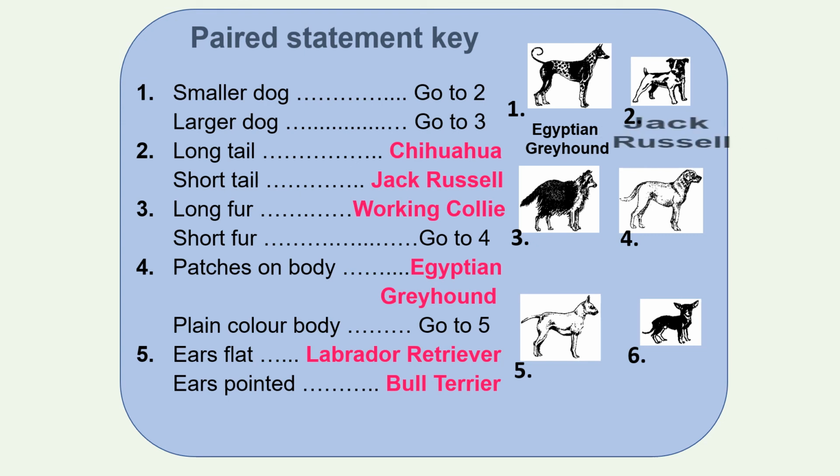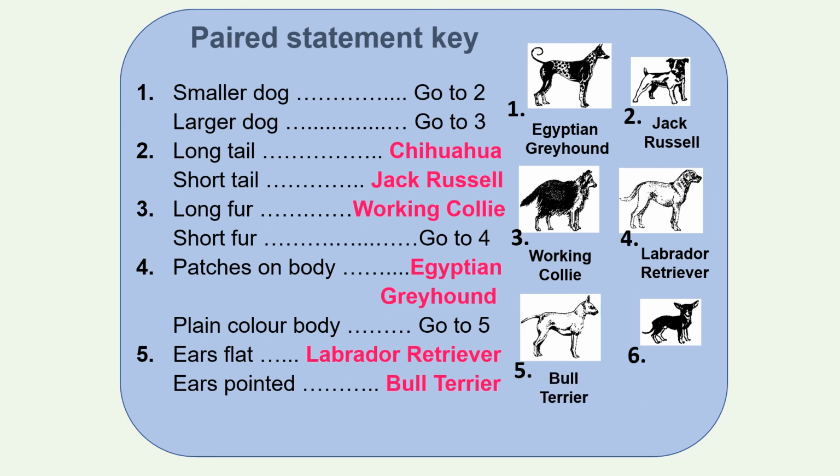For the next one, it is a Jack Russell, because it's got a short tail and it's a smaller dog. The next one's a Working Collie, because it's got long fur and it's a larger dog. The next one's a Labrador Retriever, because its ears are flat. It's got a plain coloured body. It's got short fur and it's a larger dog.